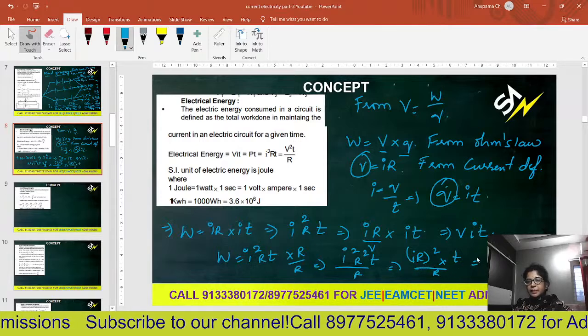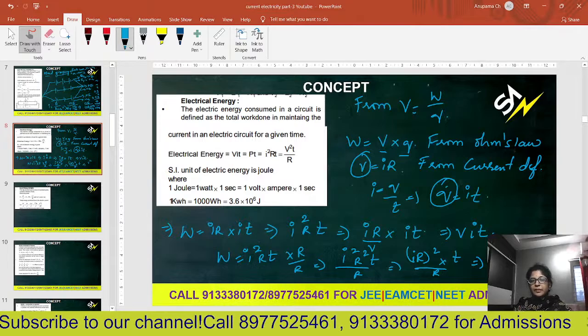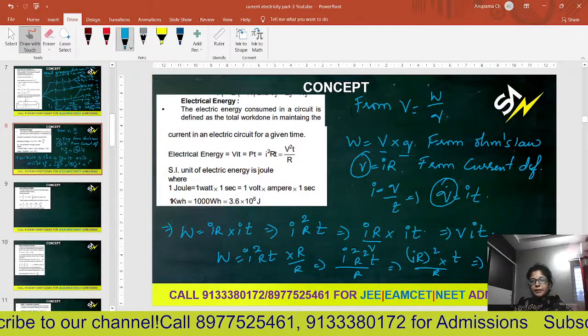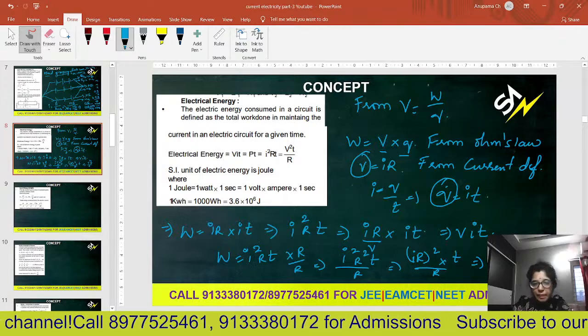That is V. So V square into T by R. This is the work done.